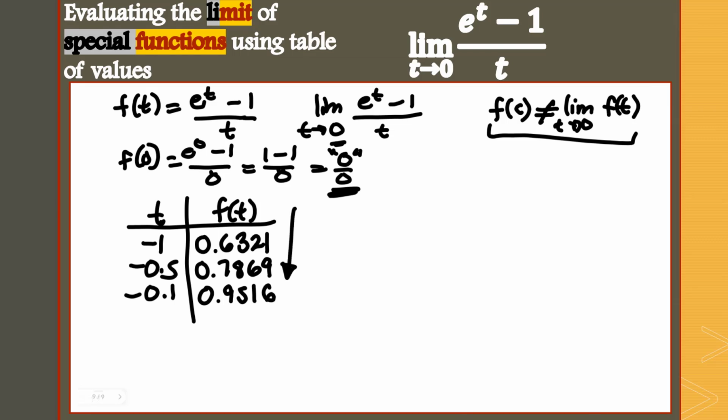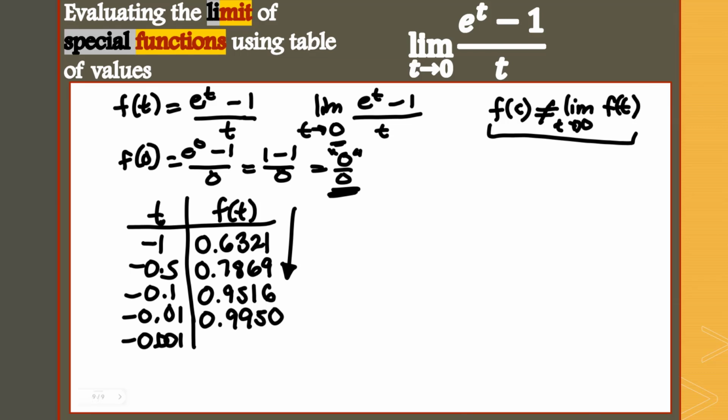But to further solidify our trend, let's include even smaller values closer to 0. Let's have negative 0.01 and negative 0.001. As you apply negative 0.01 on our given function, approximately you will have 0.9950.